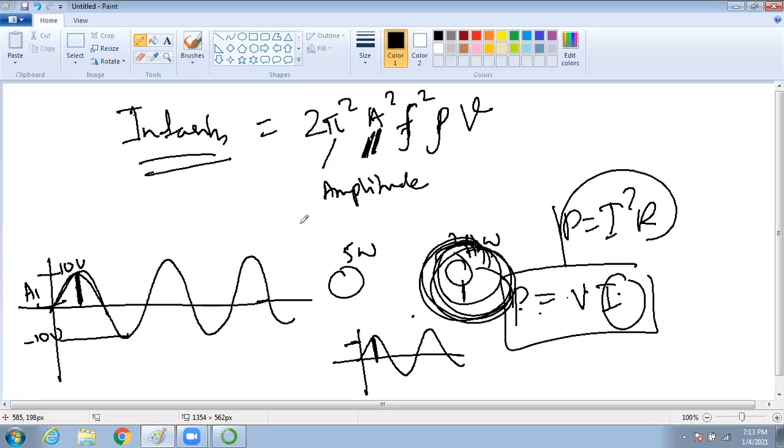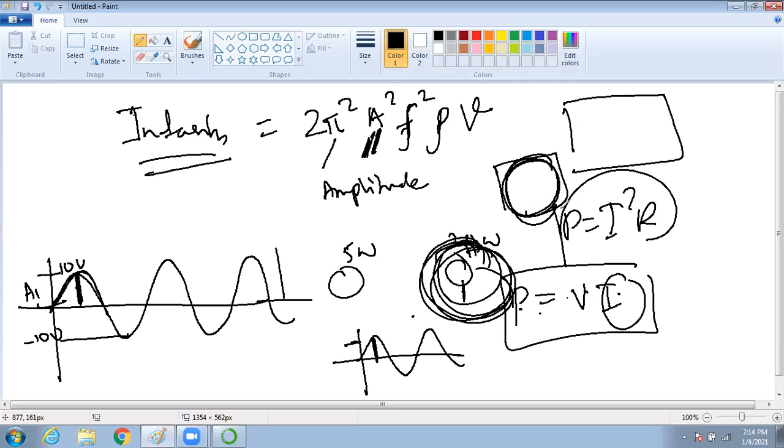The frequency of a simple harmonic wave remains constant throughout. What is rho? The medium density. If you take air or water, inside water the density remains the same, because the medium is the same.